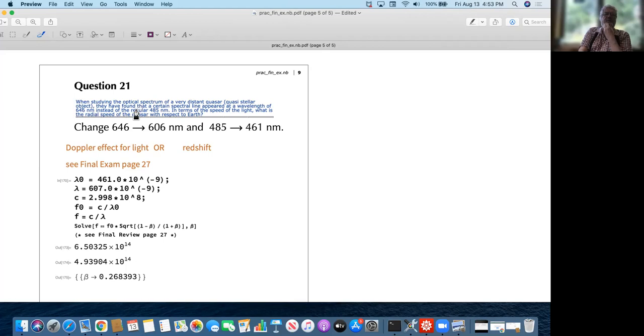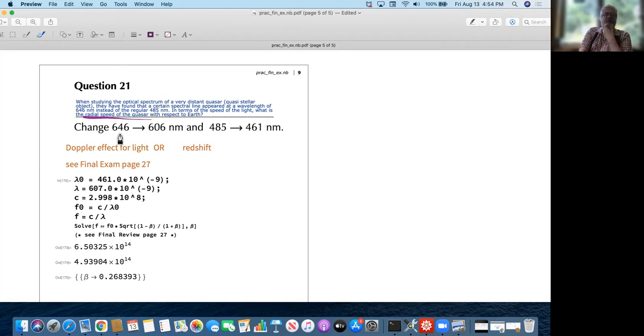That particular transition produces a certain spectral wavelength, which in the laboratory would be 485 nanometers. But the light from the quasar for that transition is not 485 nanometers, it's 646 nanometers. It's a longer wavelength. And so now you're supposed to calculate the radial speed of the quasar.